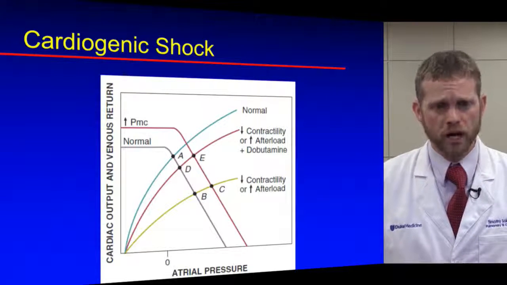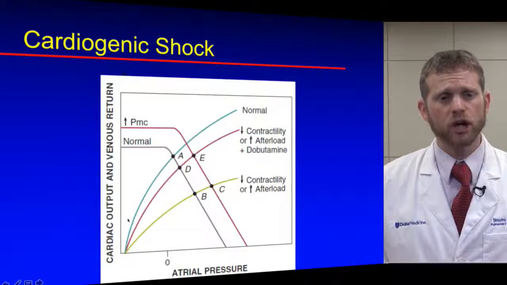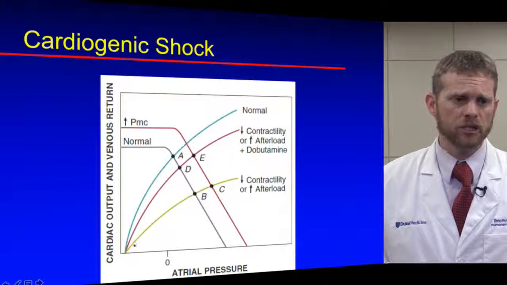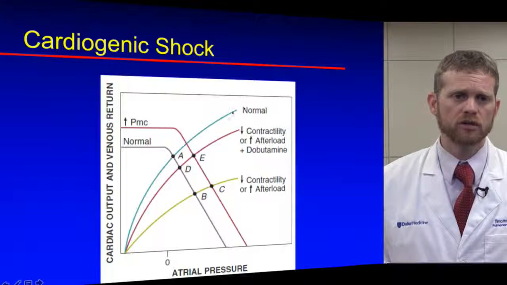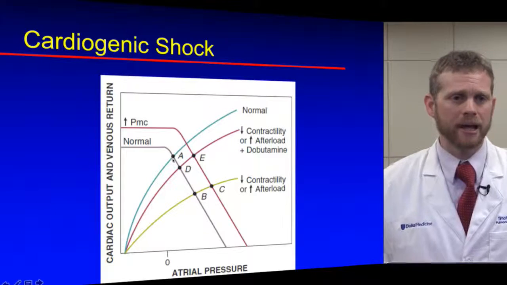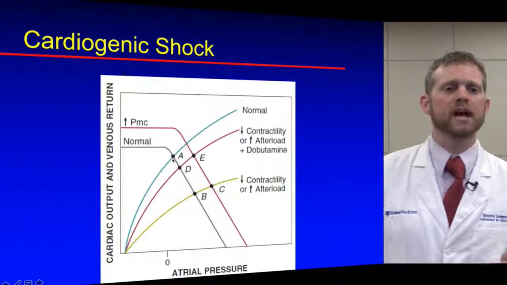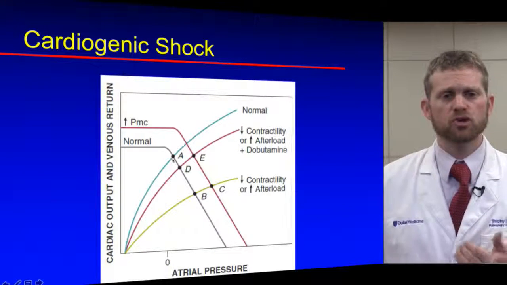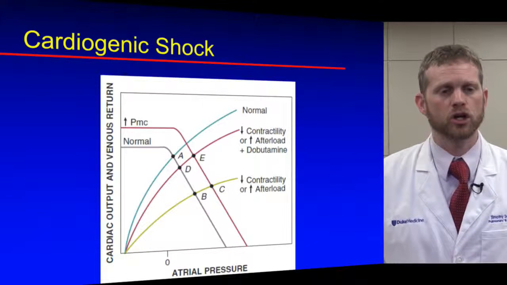The first form of shock we'll describe is cardiogenic shock. Let's just focus right here on the normal cardiac function curve and the normal venous return curve. Point A is the intersection of a normal venous return and a normal cardiac function curve.